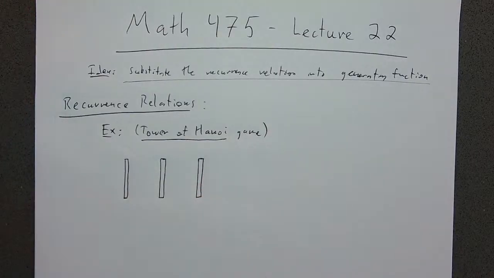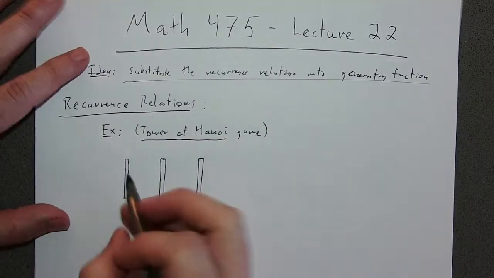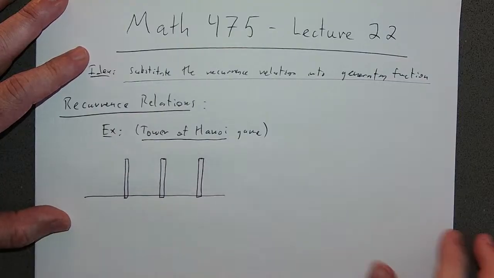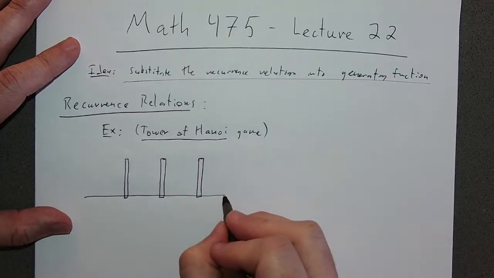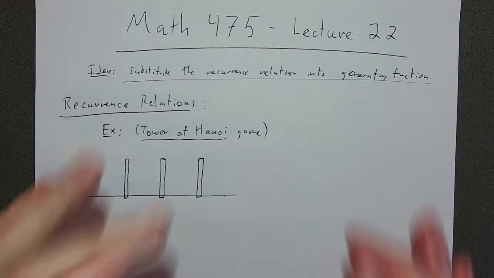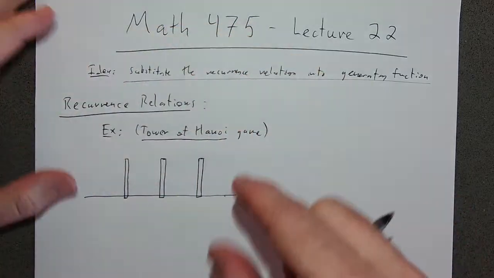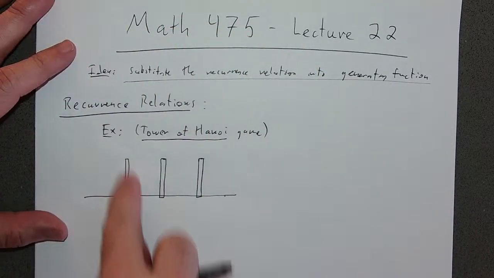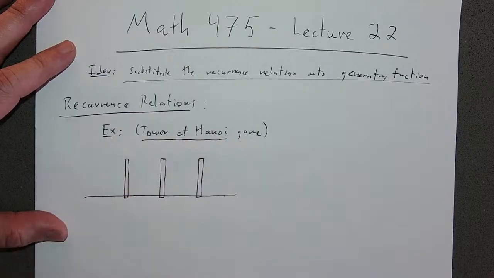These typically have a base, so we'll say this is in the ground. Around one of these poles, you have the actual game pieces, which are circular discs that have holes drilled in the middle of them so that they can be slid along these poles.